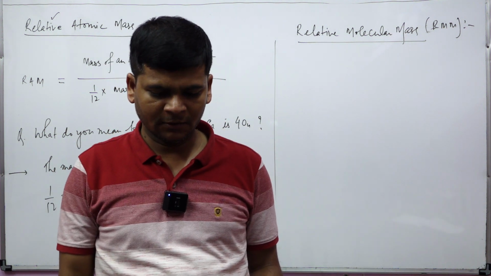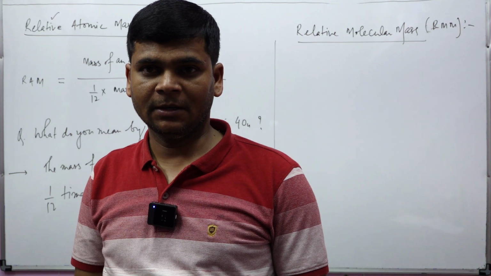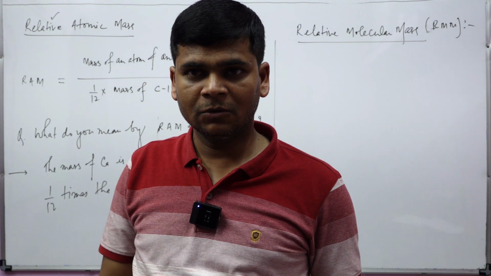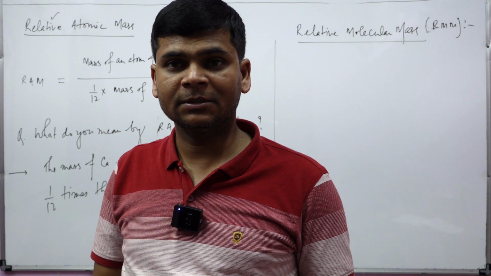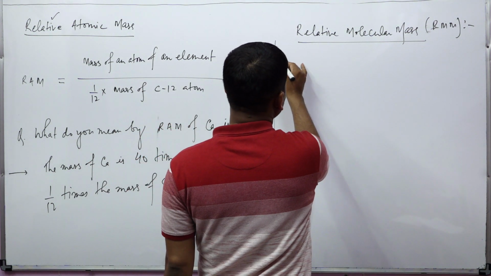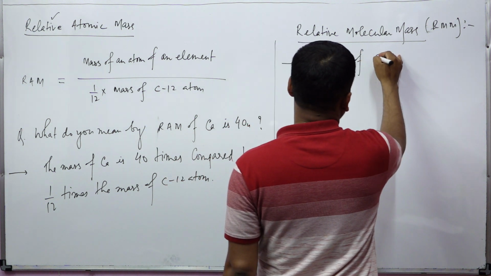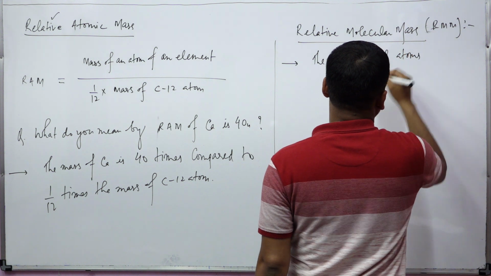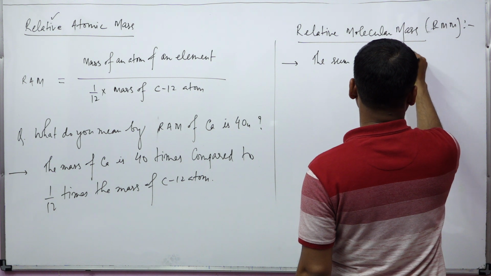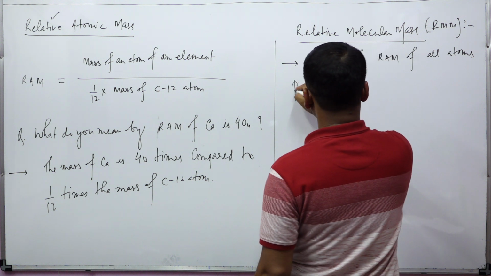If you wish to calculate the relative molecular mass of a molecule of a compound, you have to just add the relative atomic masses of all the atoms present in a molecule. We can say it is the sum of relative atomic mass of all atoms present in a molecule.